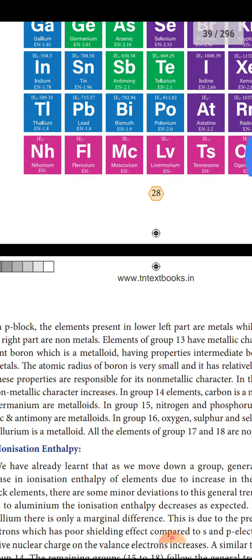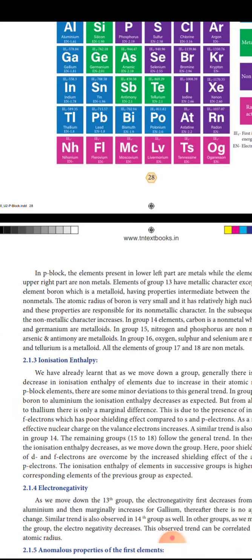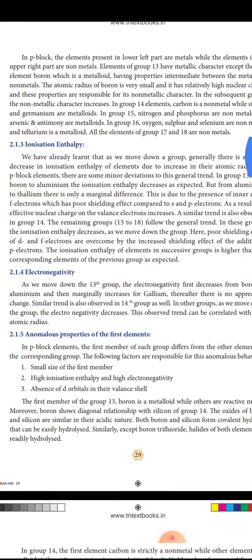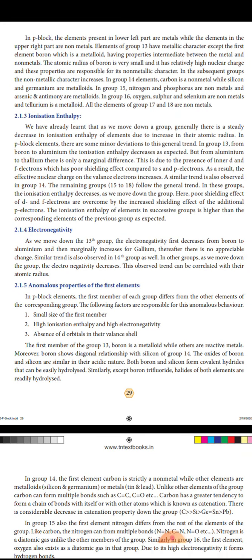Okay, now go here and study ionization enthalpy. The remaining groups 15 to 18 follow the general trend. In these groups, the ionization enthalpy decreases as we move down the group.